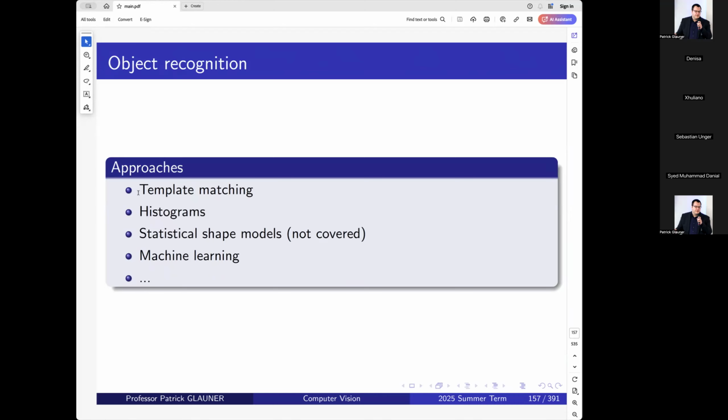Maybe the simplest feature detectors are templates and histograms that we can use to recognize objects. There are also so-called statistical shape models. This is something that was popular maybe 15 to 20 years ago in the computer vision literature. These were essentially also some kind of templates for a shape, but they could be customized with statistical hyperparameters.